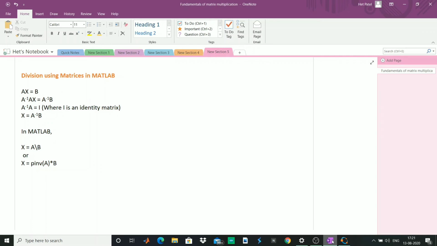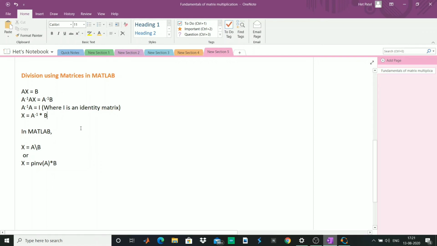Generally, A inverse into A would be equal to I, where I is an identity matrix. So we'll be having X equal to A inverse into B.